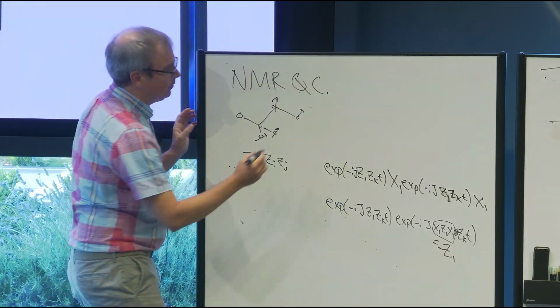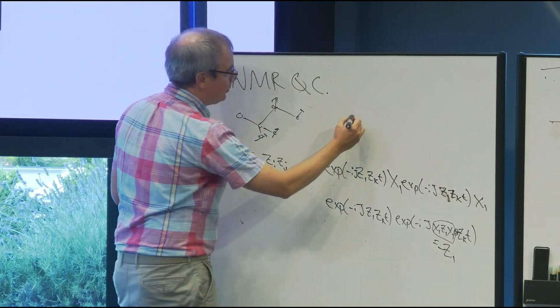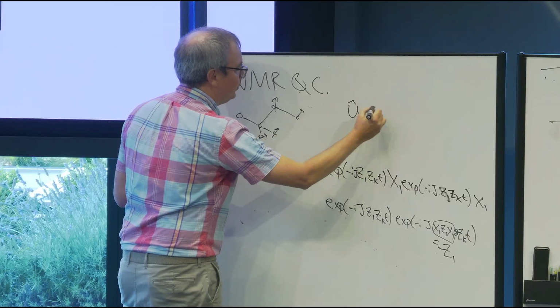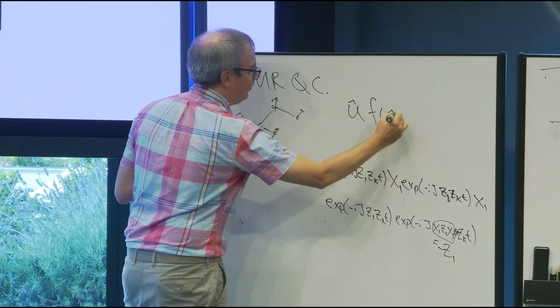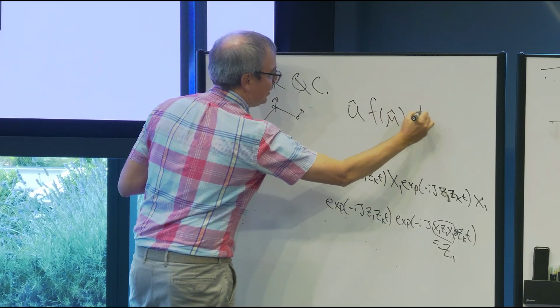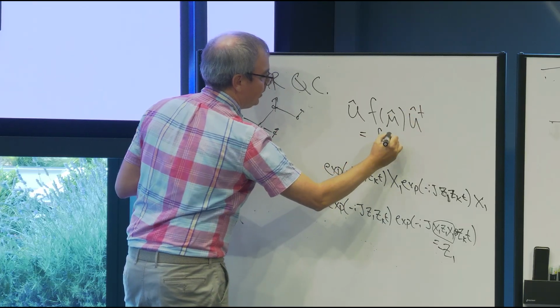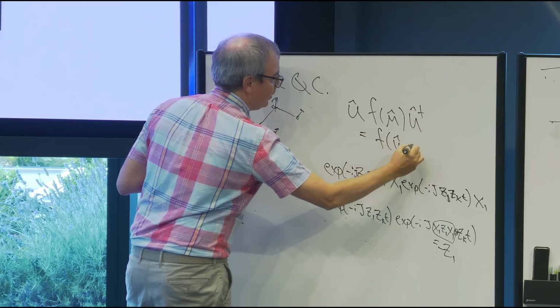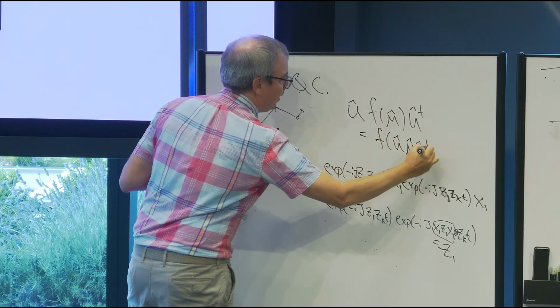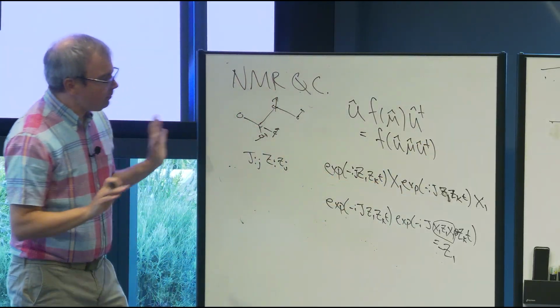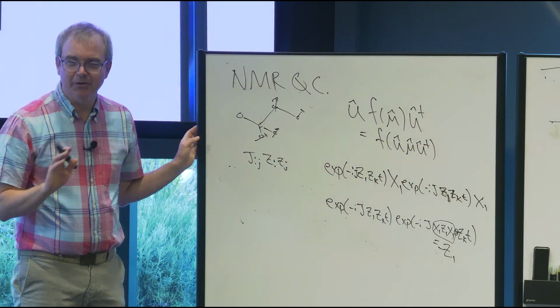Right, so this is a super useful trick I use all the time. U f(M) U† equals f(U M U†). Super useful. I use it all the time.